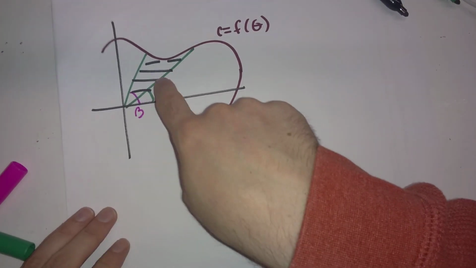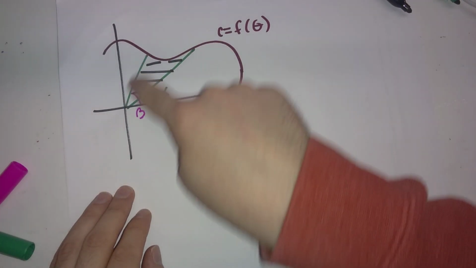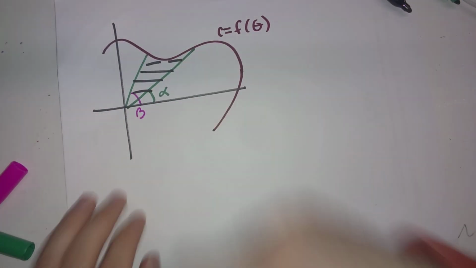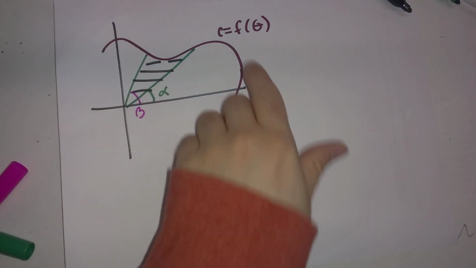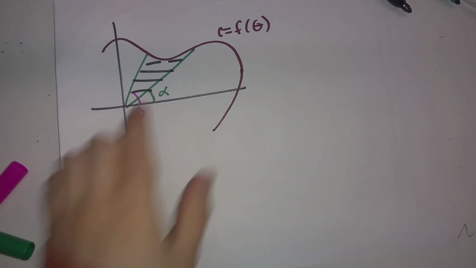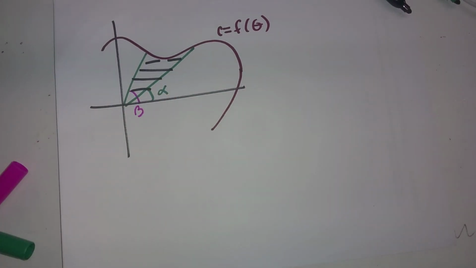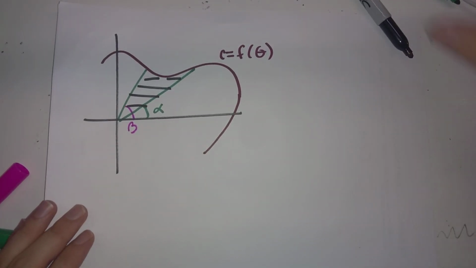So our goal is to come up with some integral that will express this area using alpha, using beta. Spoiler alert, it's going to be an integral from alpha to beta. And it's going to have to use the particular formula here. r is a function of theta.